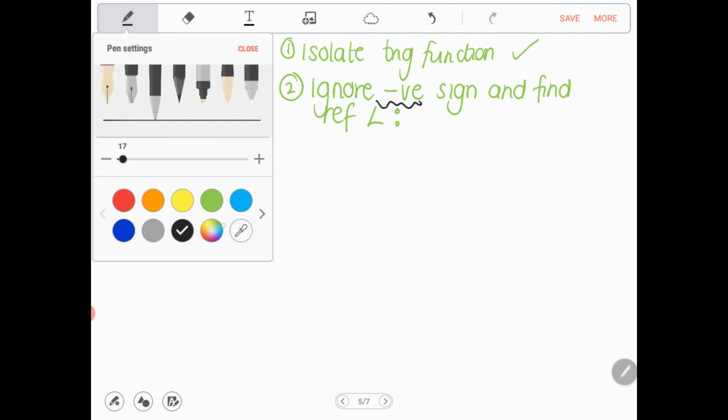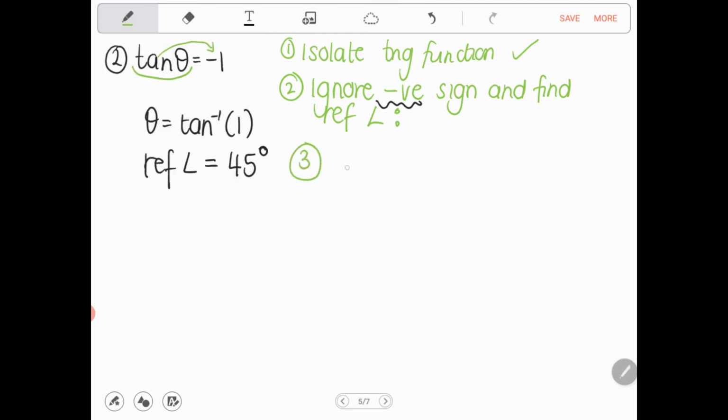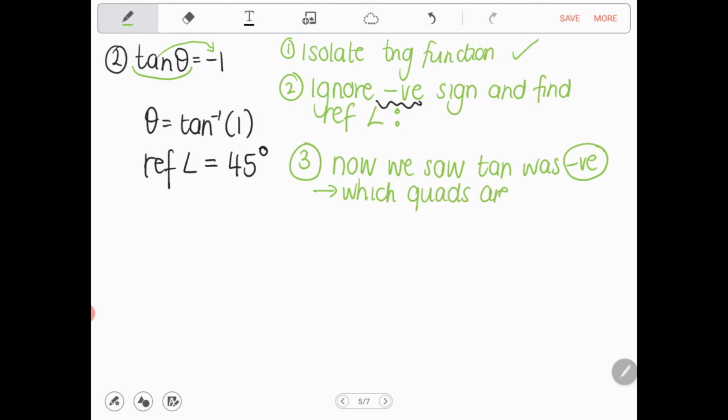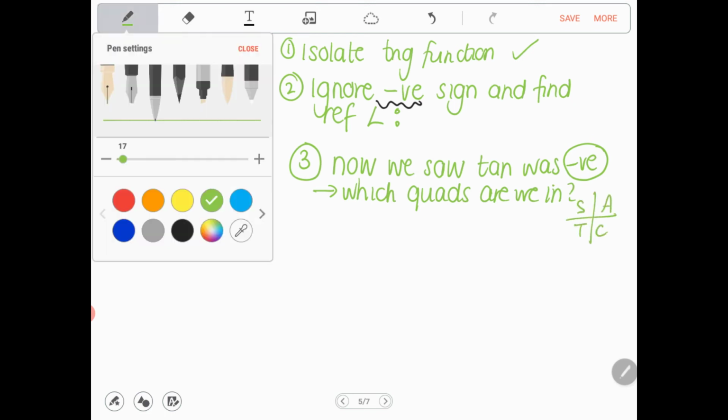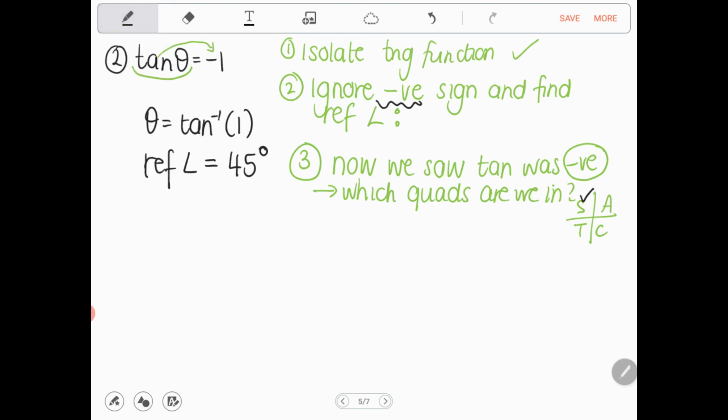Okay. Now, we saw that tan was negative. Okay, tan was negative, which we had to ignore. But that tells me which quadrants we are in. Which quadrants are we in when tan is negative? It's going to be quadrant 2 and 4.